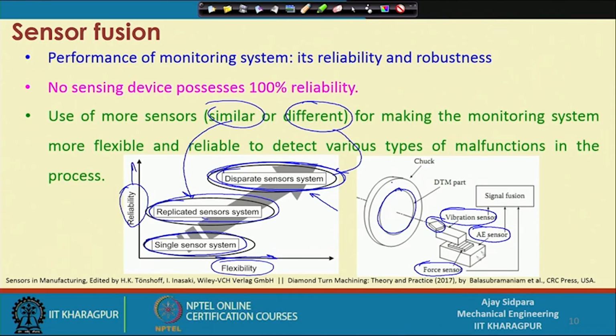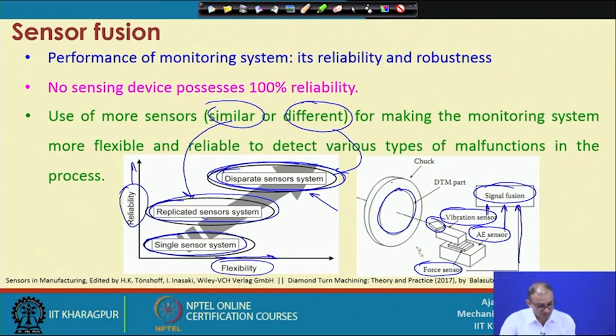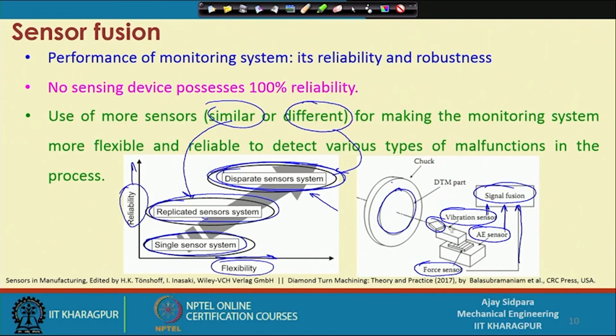You can see that all three sensors are placed on the cutting tool, and all three will give you signals, and then you get a sensor fusion. By that way you are increasing the reliability of the sensor system, so that you do not end up with any wrong measurement or take a decision based on a wrong measurement, right.